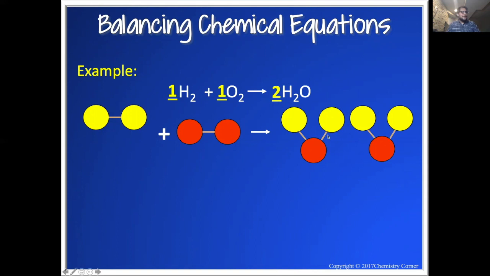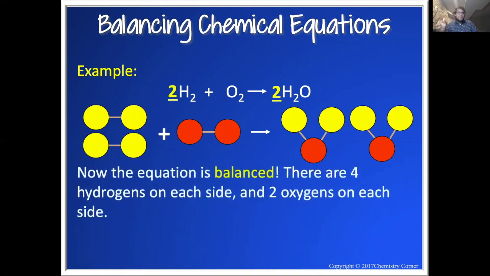Okay, so we've got to keep working at this and keep trying to fix this. So if I add another H2 molecule, all of a sudden, I realize that I need 2 H2 molecules, right? 2 sets of these hydrogens bonded together with 1 oxygen molecule.